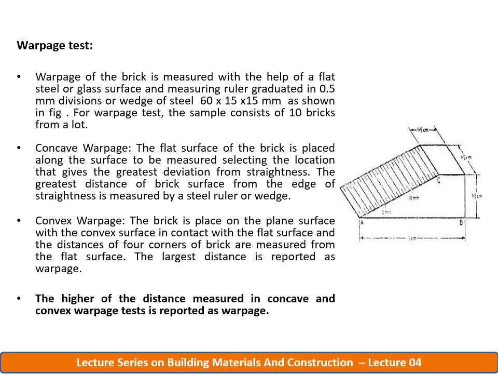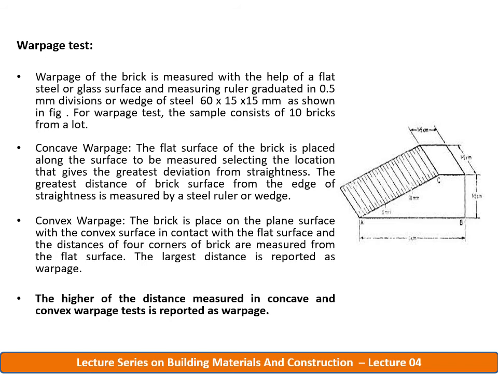So here you can see how the test is conducted for warpage. Warpage of the brick is measured with the help of a flat steel or glass surface and measured using a ruler having graduation of 0.5 mm division or a wedge of steel 60 by 15 by 15 mm as shown in this figure.